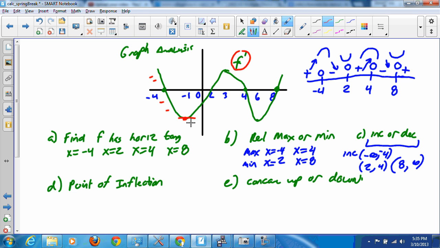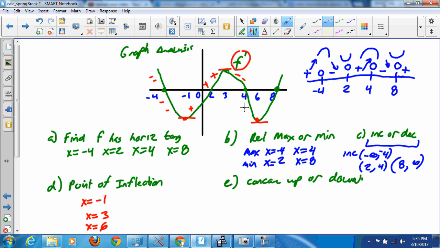Since we have a horizontal tangent at -1, the second derivative has a possible point of inflection at x equals -1. And then the slope starts turning positive. It's positive until it gets to, looks like, x equals 3. We go from positive and then shift back down to negative for our tangent lines. And then we have another horizontal tangent at x equals 6, a possible point of inflection.